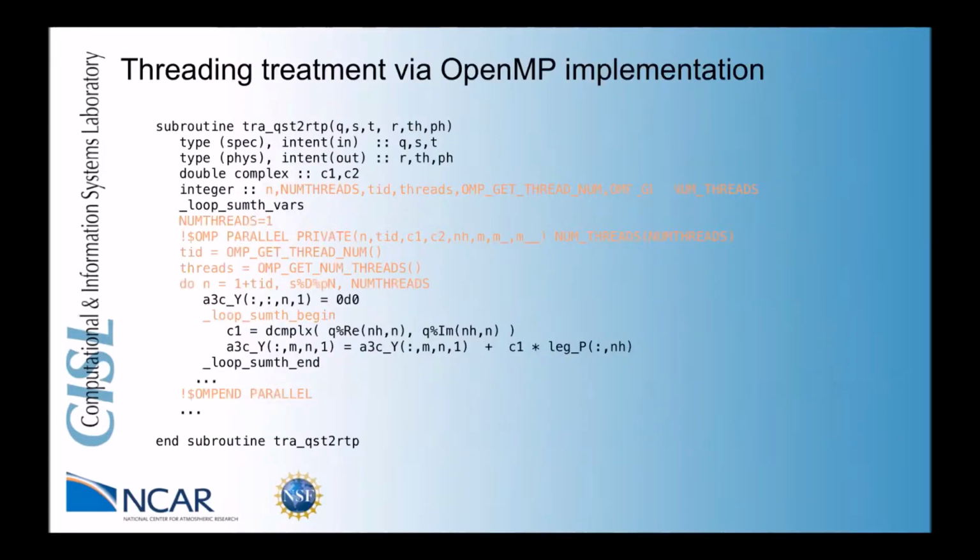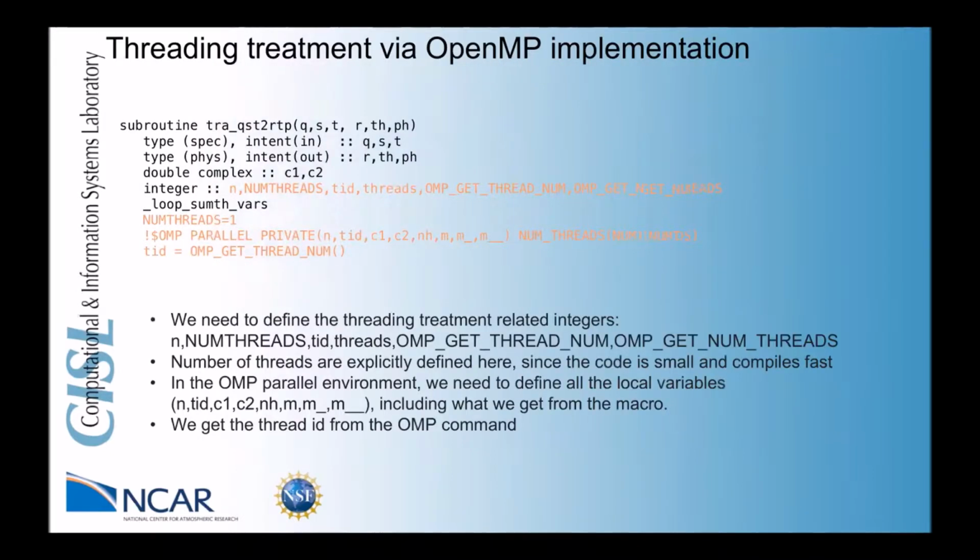So next, we talk about how we use the OpenMP threading. Here is an example, the most computationally expensive subroutine in the code. We need to define the threading-related integers, like the local loop index n, the number of threads, the thread ID, and the total number of threads.